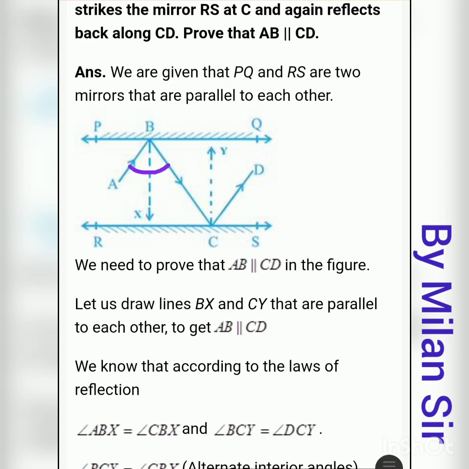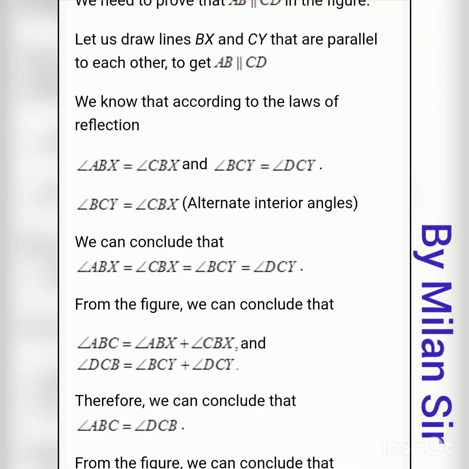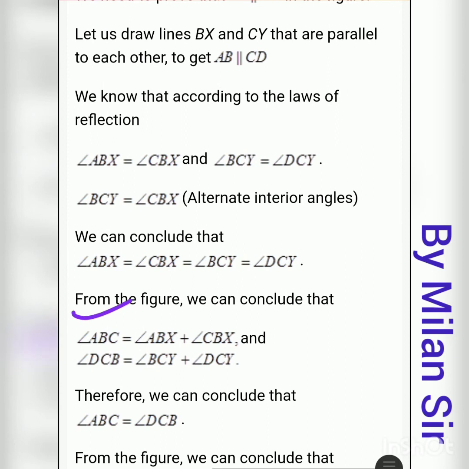First of all we need to think about this whole angle ABC. This full angle ABC is the addition of these two small angles, ABX and CBX. So angle ABC is the addition of angle ABX plus angle CBX.